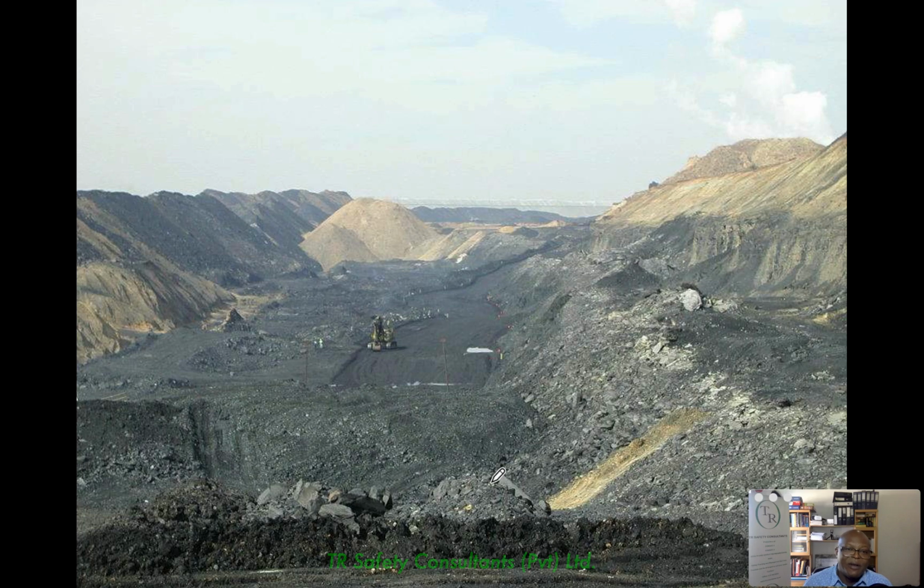In open cast mines, this is a typical example of what we're talking about. You can see the removal of topsoil put on the side, the overburden, and the exposed coal deposit that they have to extract.